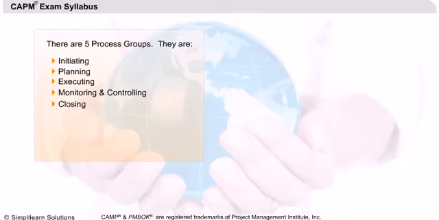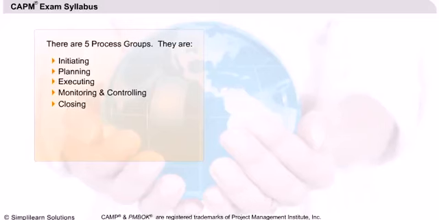You probably might be aware of them as well. When a new project starts, it is in the project initiation phase. From initiation, it moves to planning, then to execution and monitoring and control, and finally, it's closed. Project execution and project monitoring and control processes go hand in hand.